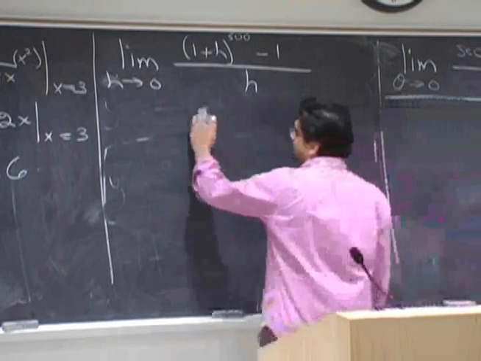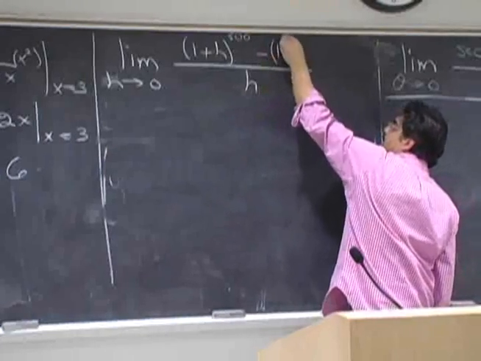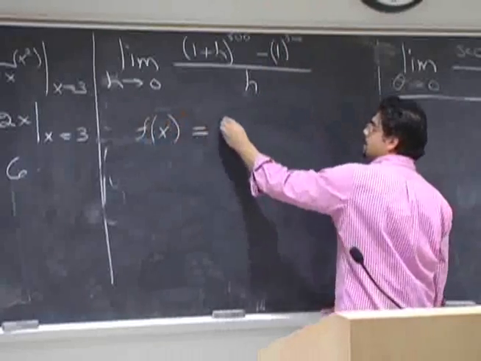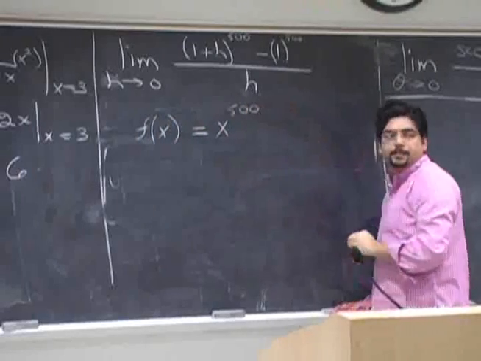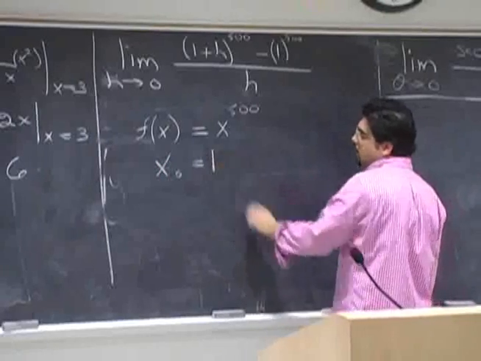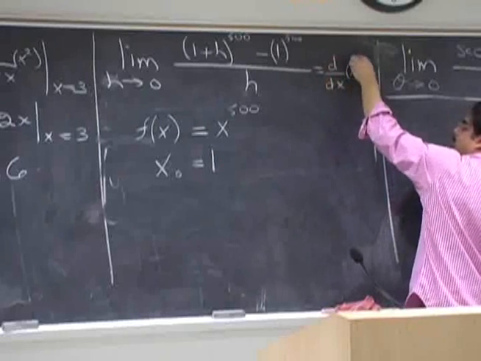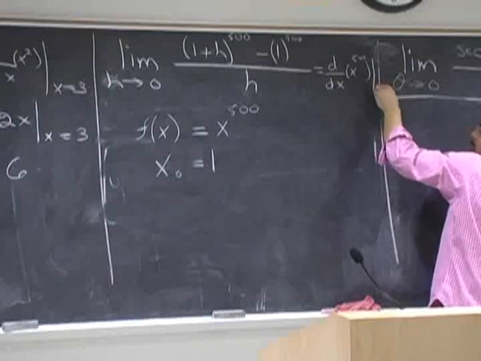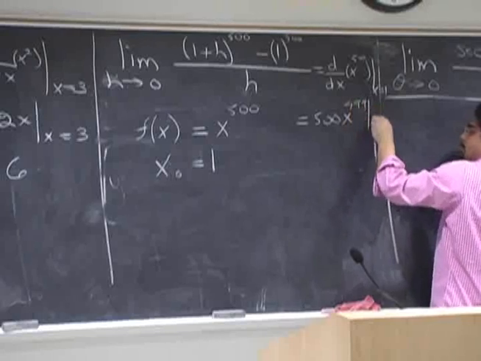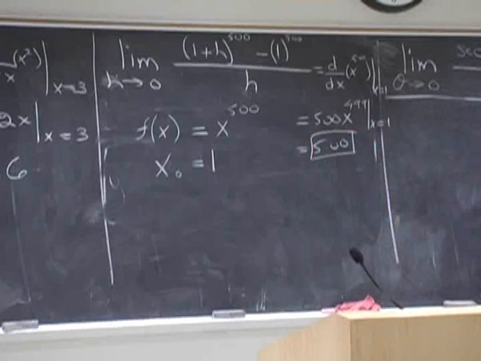But that's okay because we can recognize this. Maybe if you write this 1 as 1 to the 500, then maybe you can recognize that the function you're interested in is x to the 500. And the specific point at which you're looking for the derivative is 1. Therefore, you can interpret this as the derivative of x to the 500 when x is 1. Or 500 x to the 499 when x is 1. And that's 500.